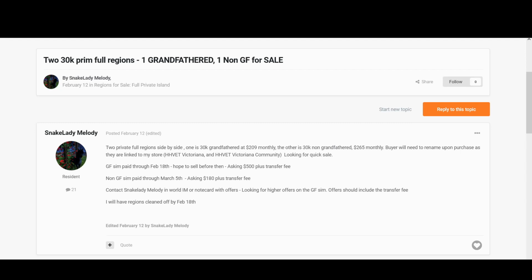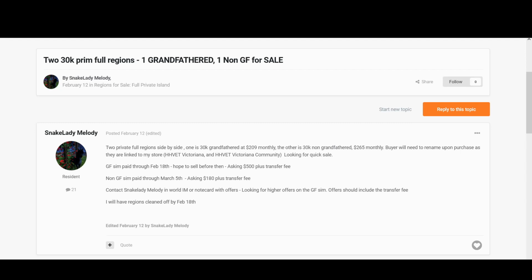Do keep in mind that you as the buyer will almost always be responsible for the transfer fee, which is $100. It used to be $150, but it's $100 now. It may change, so don't hold me to it. But yeah, you are responsible for the transfer fee and whatever they say you need to pay.